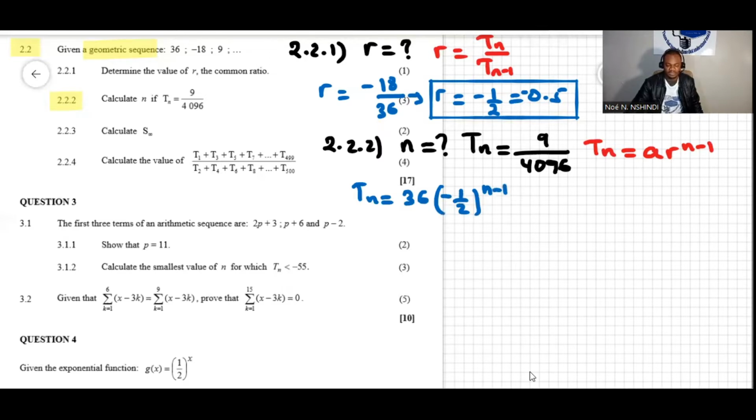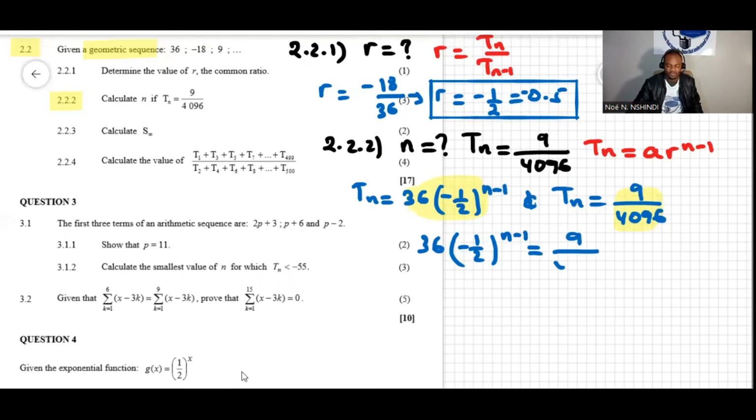Tn is also 9 over 4096. So we're going to equate them. Tn is this, Tn is also that. So we say 36 times -1/2 to the power of n minus 1 equal to 9 over 4096.